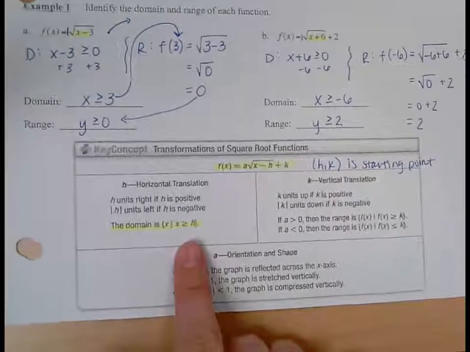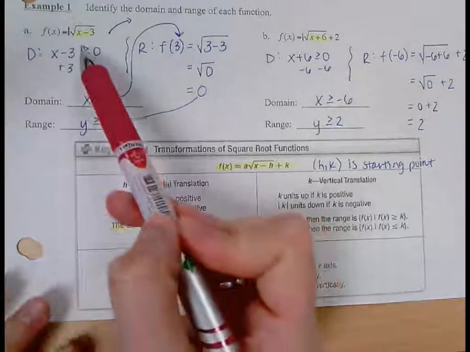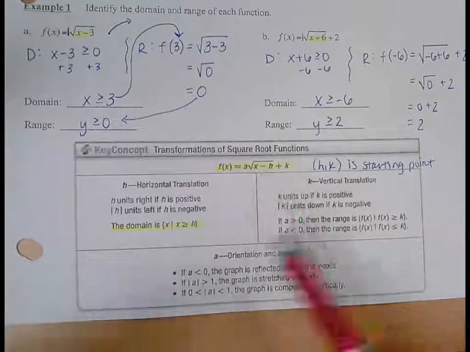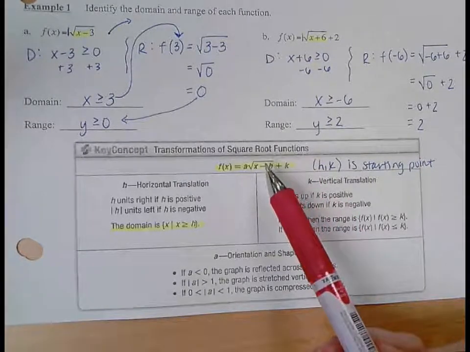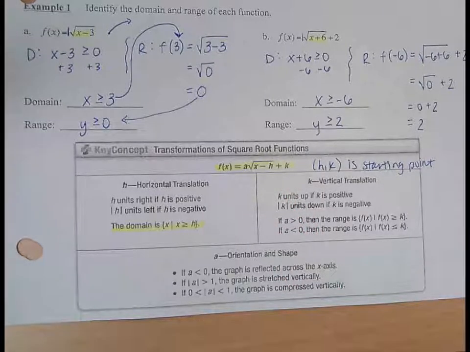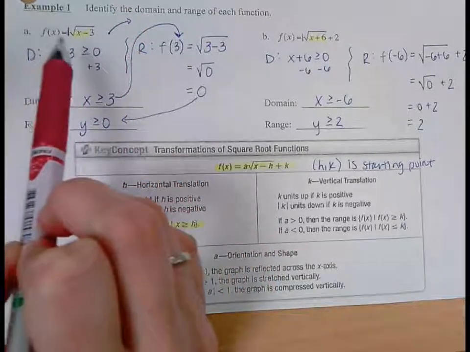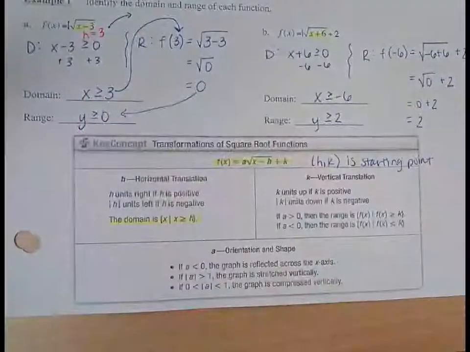So if we look back up at the two examples we just did, and hopefully you're remembering this from parabolas, since it's x minus h in the formula, h is the opposite sign of what it appears to be in the function. So for a, when I see x minus 3, h is really positive 3.